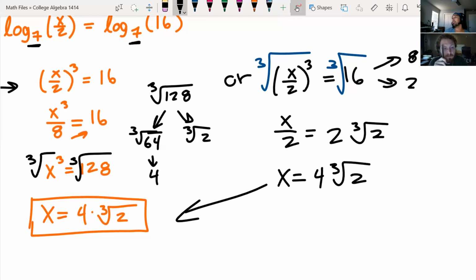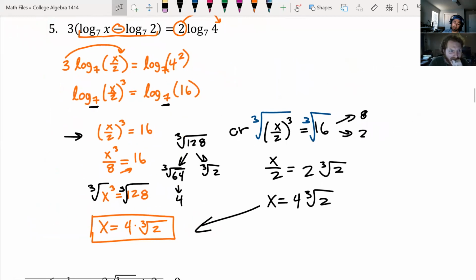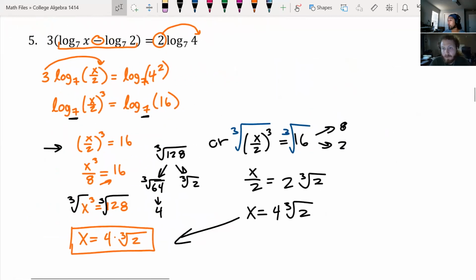Ding, ding, ding. Yep, that one's way better. Slightly more obvious numbers. Yeah. Either way, you get there. All right. And since 4 cube root of 2 is a positive number, then it's definitely going to work in our log. So no need to check there.